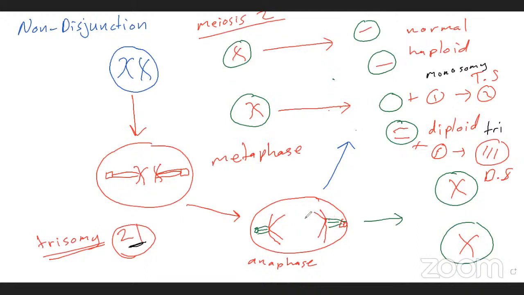So when we say don't show anaphase, skip from metaphase, or if you want, even if you're trying to show anaphase, put the two chromosomes at one end of the cell to show that it is not separating. In anaphase, you pull them apart evenly, but in non-disjunction, it's not supposed to pull apart.